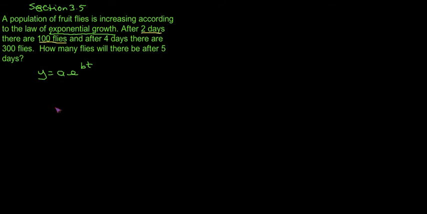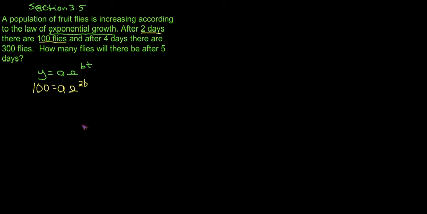So the ending amount, the 100 flies, is going to go out here. We don't know this constant yet. And we do know again the time is 2 days. So t is 2, 2 times b is just 2b. Now again, our goal originally is just to find our value of this constant.